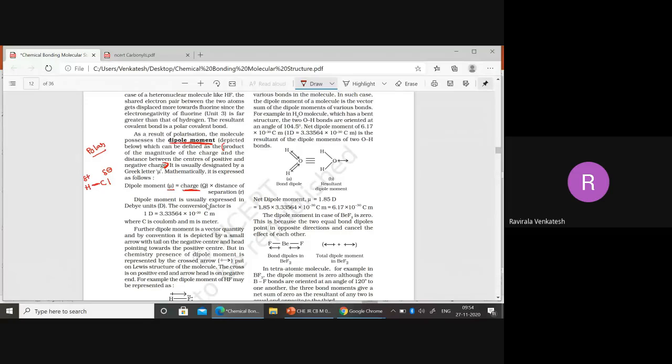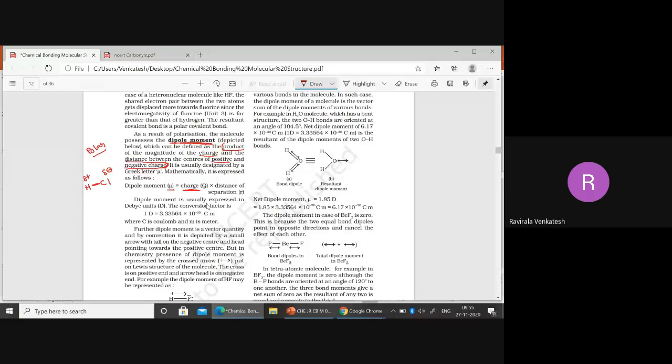You see here, the product means nothing but multiplication of the magnitude of charge and distance between the positive and negative charges. Understood now? The definition is simple or not? The product of magnitude of the charge and the distance between the centers of positive and negative charge is nothing but called dipole moment. Dipole moment mu is equal to charge into distance between the two opposite charges.